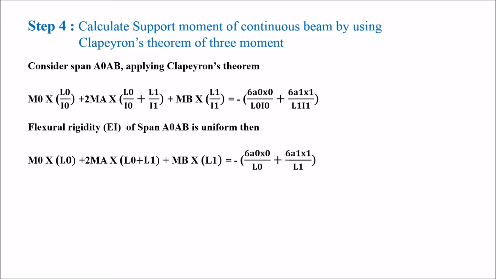In this equation, M0 L0 is 0, as it is for the imaginary span only, and similarly 6A0 x0 upon L0 is 0. This total term we consider 0 because it is only taken for the formation of the equation.